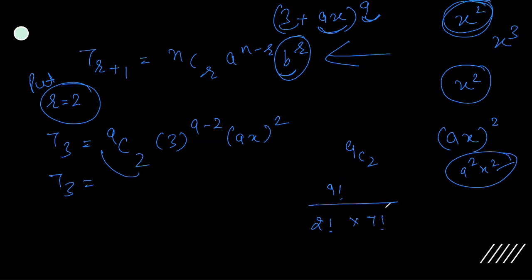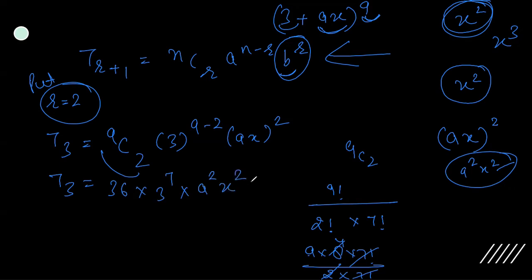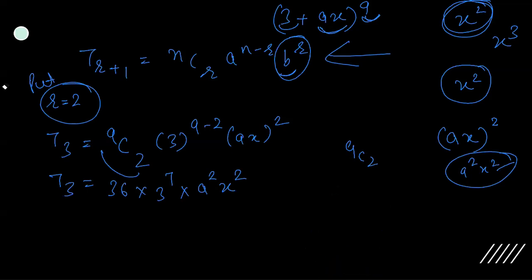I open 9 till 7, so 9 times 8 times 7 factorial over 2 times 1 times 7 factorial. The 7 factorials cancel out. So 2 times 4 is 8, 9 times 4 is 36. So we get 36 times 3 raised to the power 7 times a square x square.